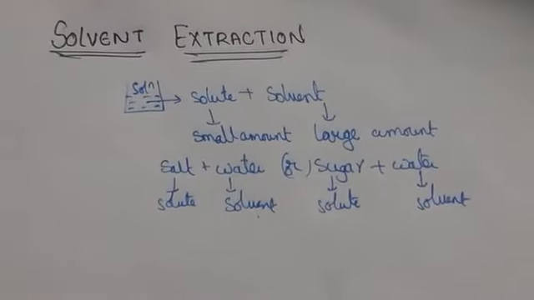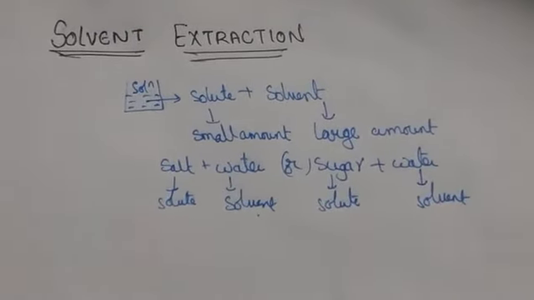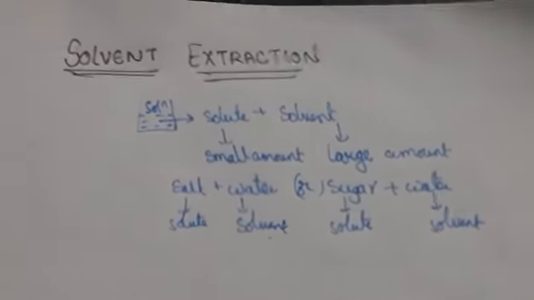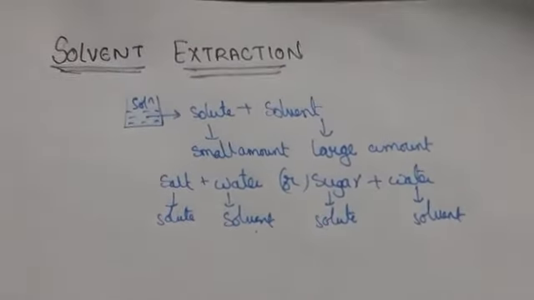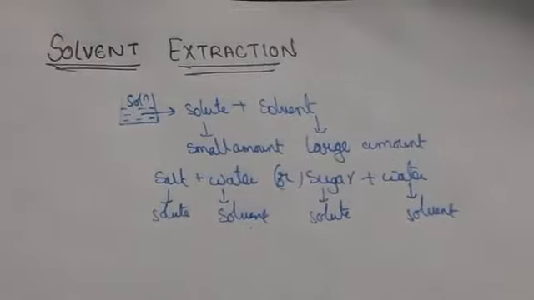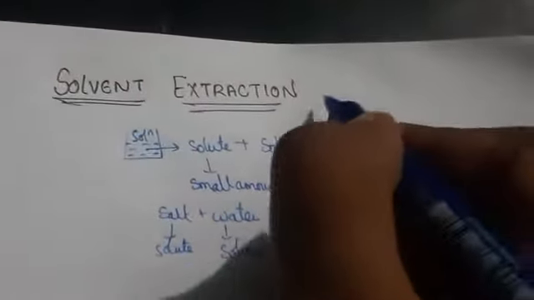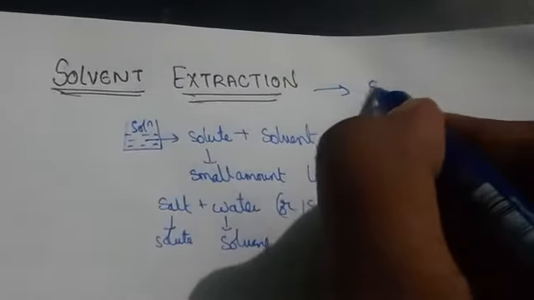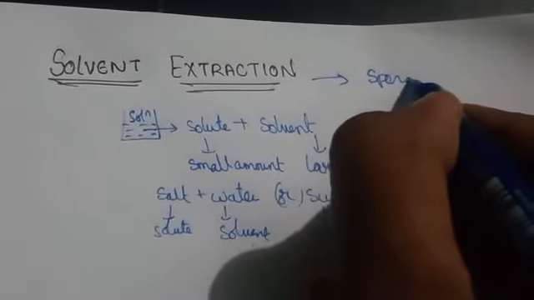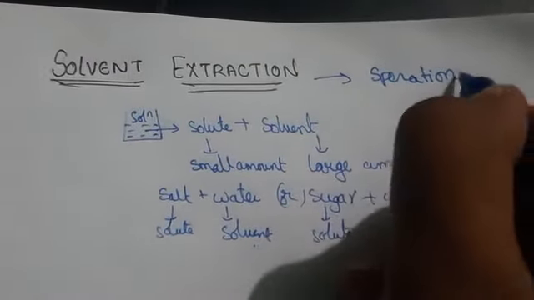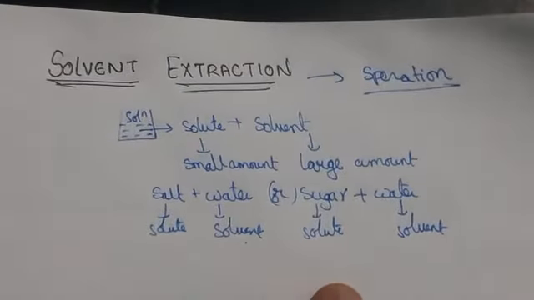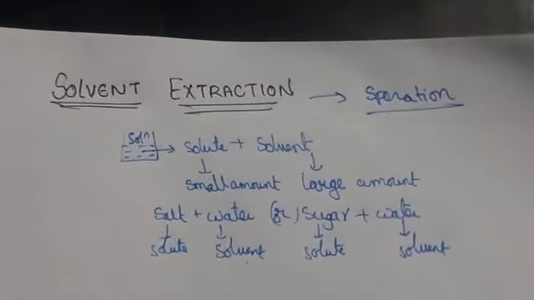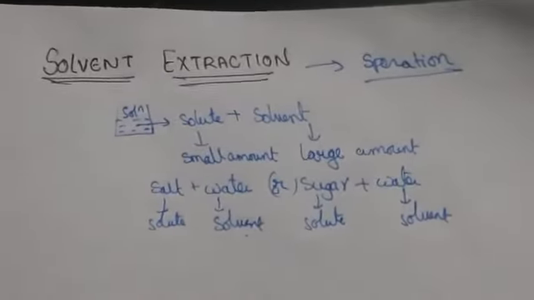So now I'm saying solvent extraction. Then what is extraction? Extraction is nothing but separation of the compounds or separation of the layers. So separation of the layers or separation of the components, we call it as extraction. So now what we are separating?